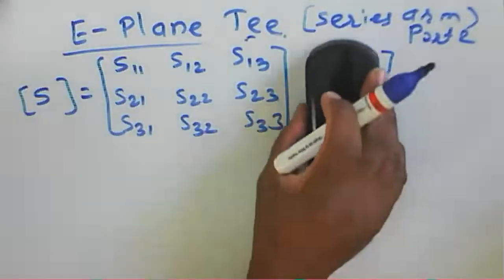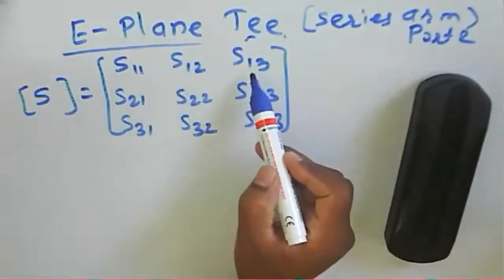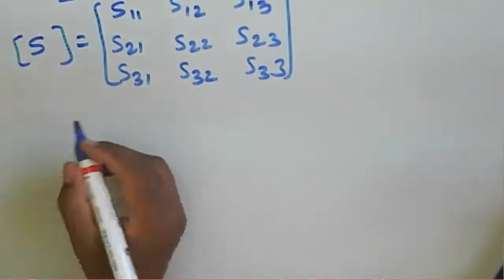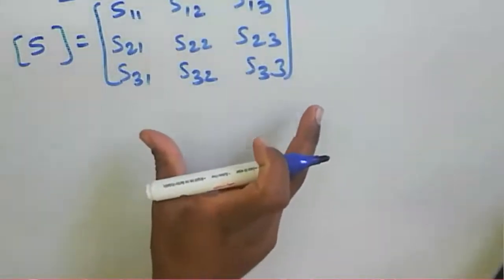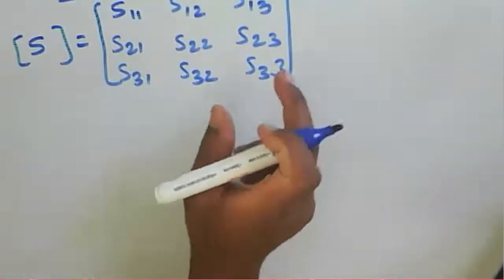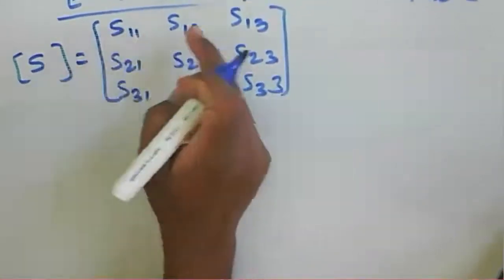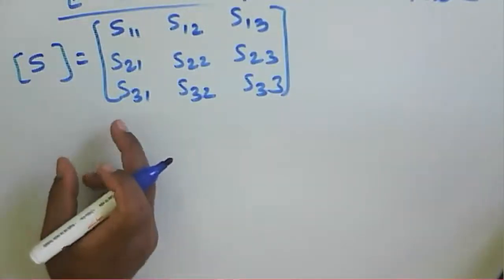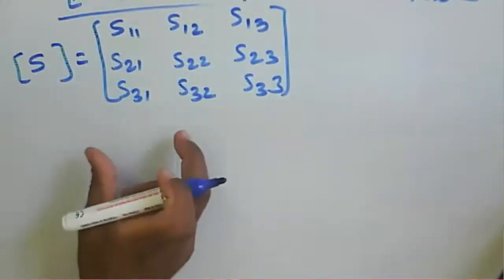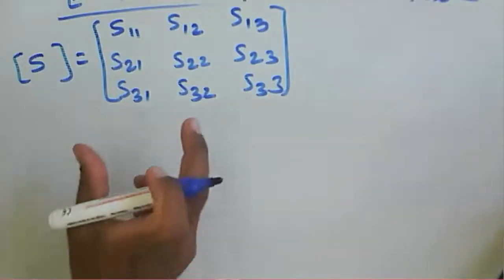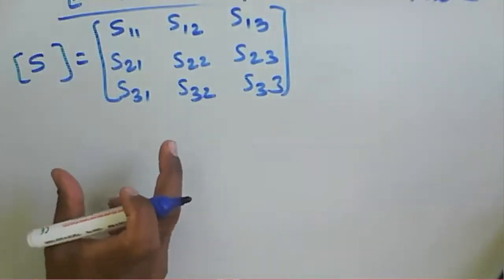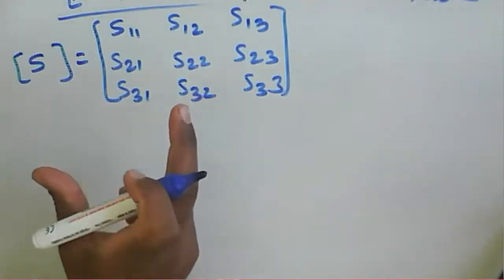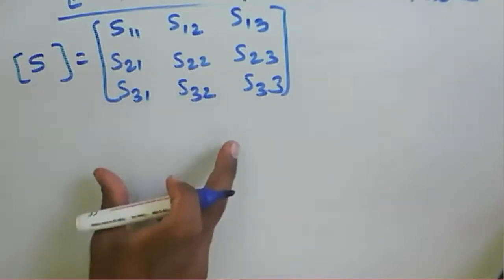Now we will find out each and every component value of the S parameters, and then we'll conclude what the S matrix for this E plane T is in terms of numbers, for each and every parameter. For this purpose we need to consider that the E plane T junction is an ideal one, or a reciprocal one.